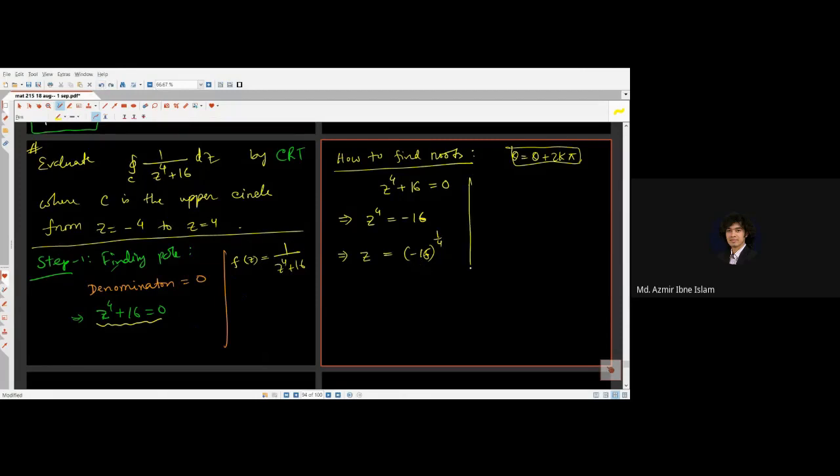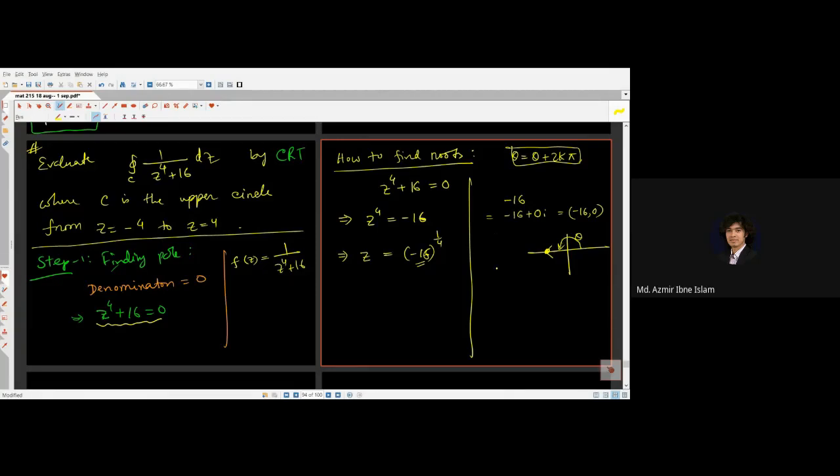The part inside the parenthesis is a complex number, negative 16, or we can think of negative 16 plus 0i. Now, this complex number is the point (negative 16, 0), which lies in the second quadrant, right? So you can easily understand that the angle theta will be π.